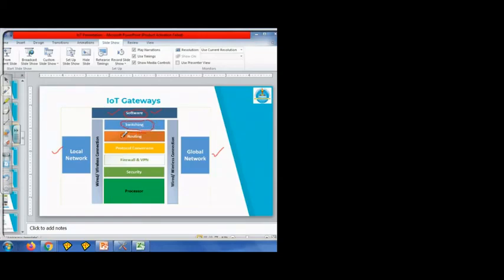Now the third one, it should have routing functionality. Routing. There is a difference between switching and routing, and also forwarding. Three different things are there. What is the difference with forwarding? Forwarding is simply this: suppose the device receives the data. Now suppose I am talking about a ring topology. The packets move from one device to its neighborhood, from that neighborhood to its neighborhood, and the data will be processed and form a ring kind of structure.